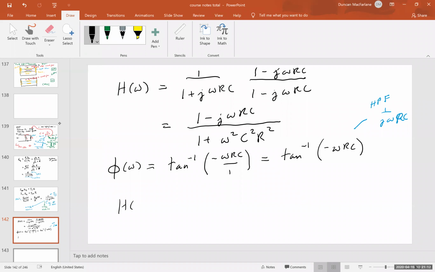And then the magnitude of H of omega is going to equal the square root of 1 plus omega squared R squared C squared divided by the square root of that quantity squared. So I'm going to clear out that R squared C squared. I'm going to square it and then take the square root.